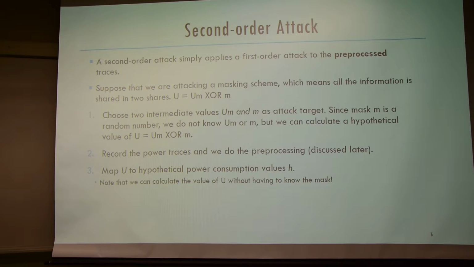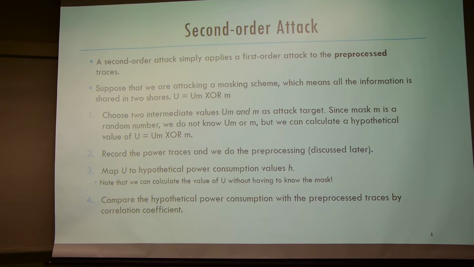And note that here, we can calculate the value of U without knowing the mask M, right? Because mask M is the random number which is generated at runtime. And in the end, we just need to compare the hypothetical power consumption with the pre-processed traces by correlation coefficient. This is similar to what we did for first order attack.